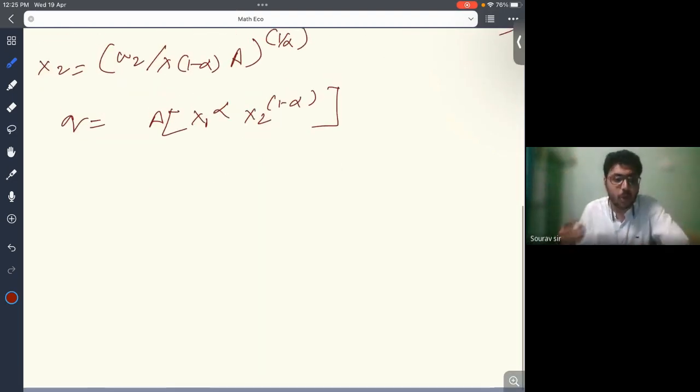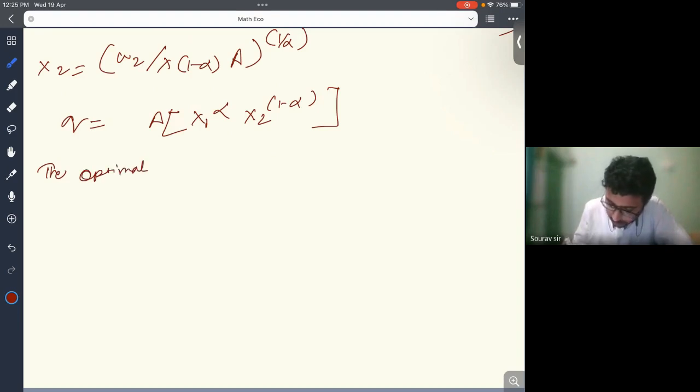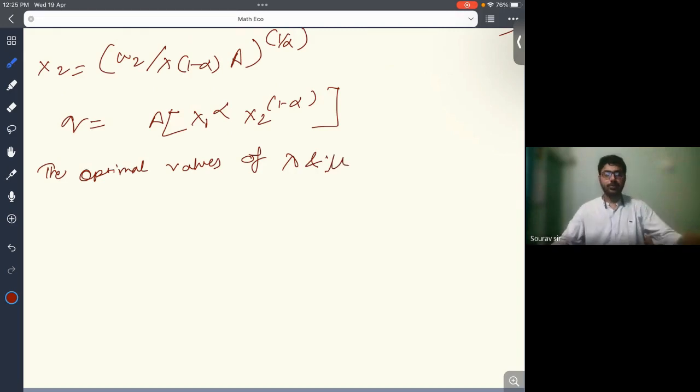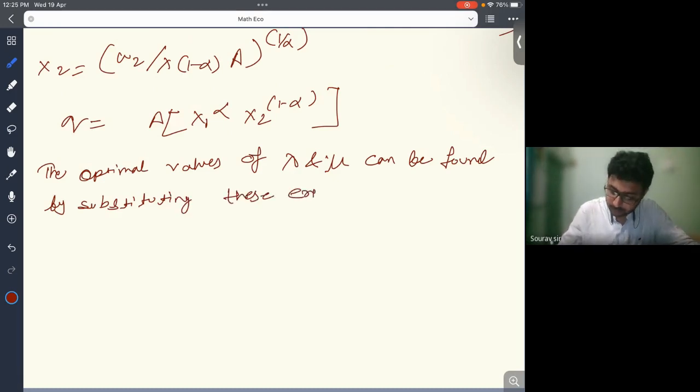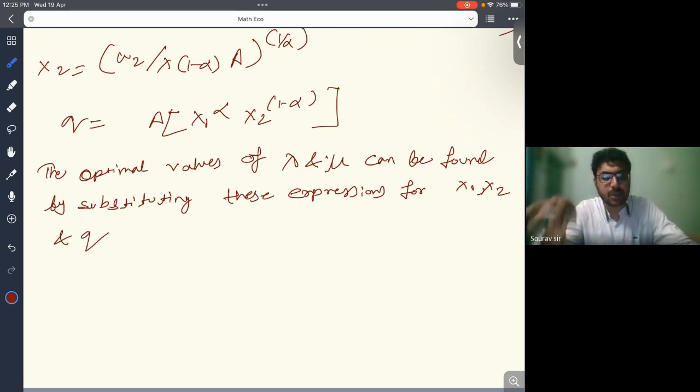So the optimal values of lambda and mu can be found by substituting these expressions for x1, x2, and q into the first order conditions.